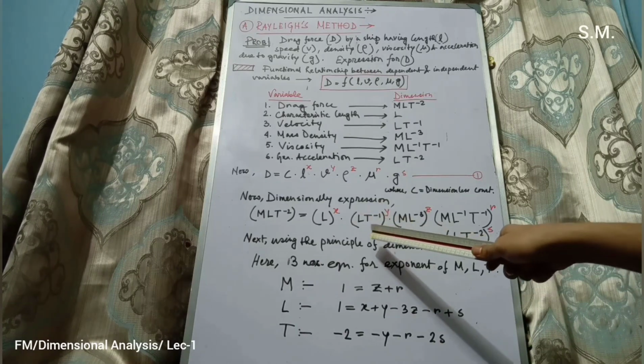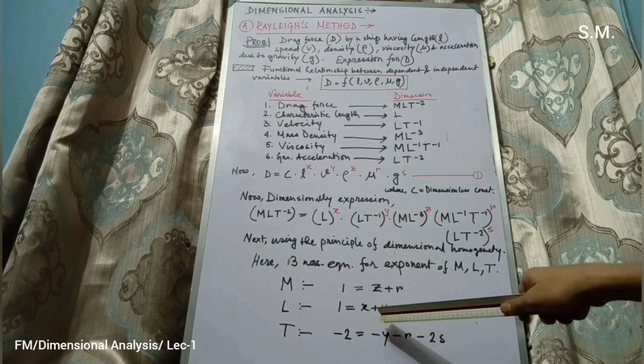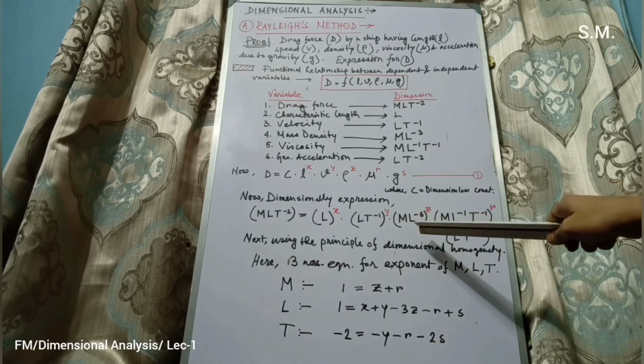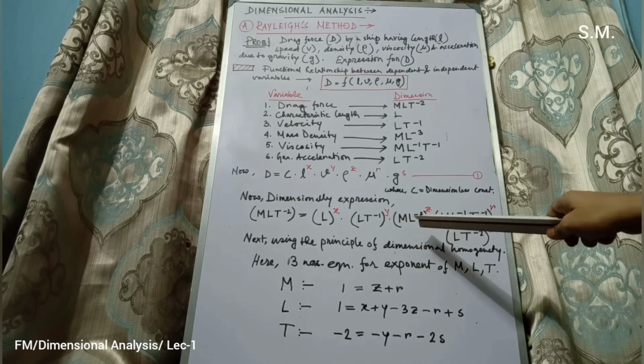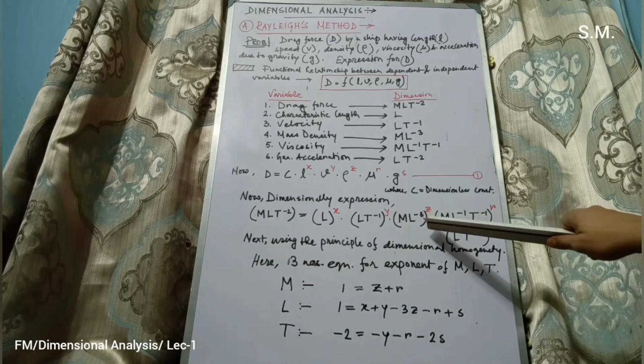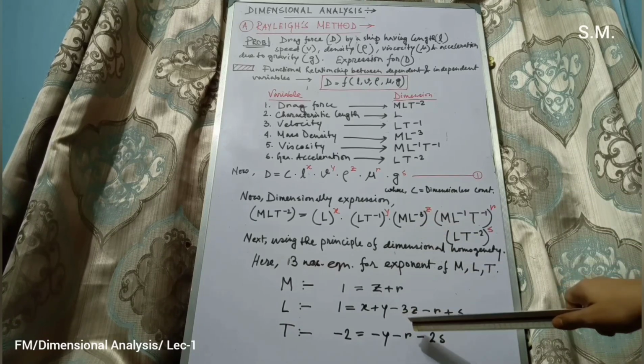Next there is y, so we put plus y. Next, the power of L is minus 3, and this is z, so it becomes minus 3z.